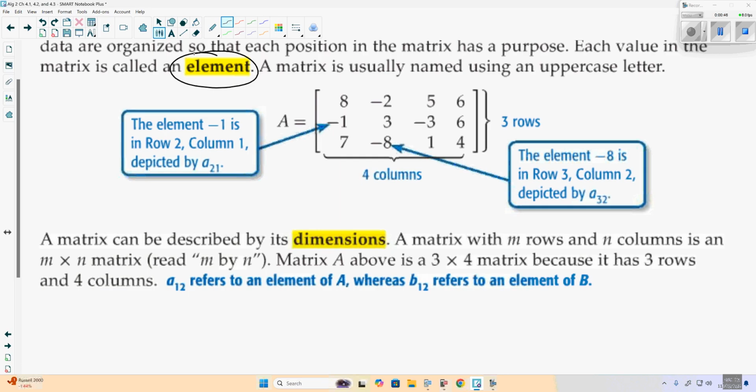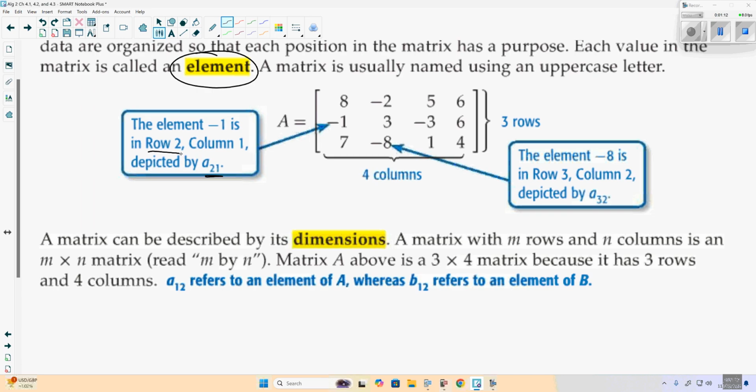Now, we call the matrix by capital letters, so capital A, capital B, C, D, and so on, and we call the elements the lowercase version of that letter. So here, this is matrix A, capital A. All the elements are going to be defined by lowercase a. And the numbers next to it are the row and column that associate that element with it.